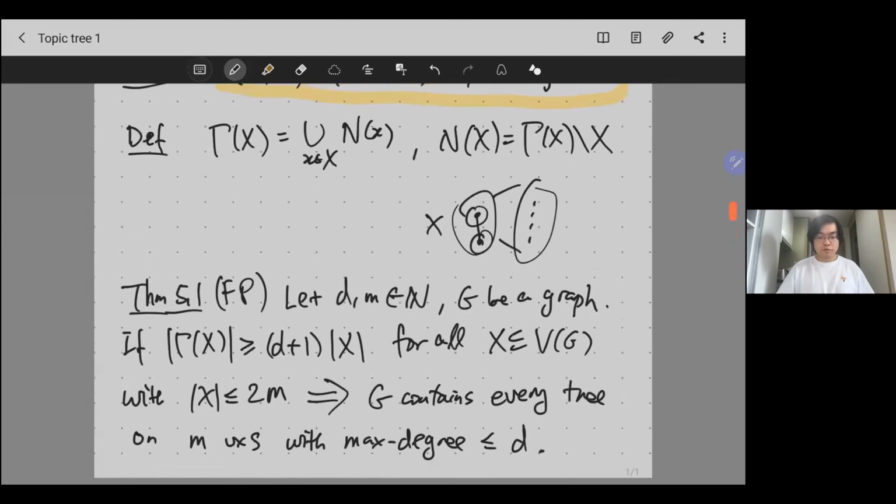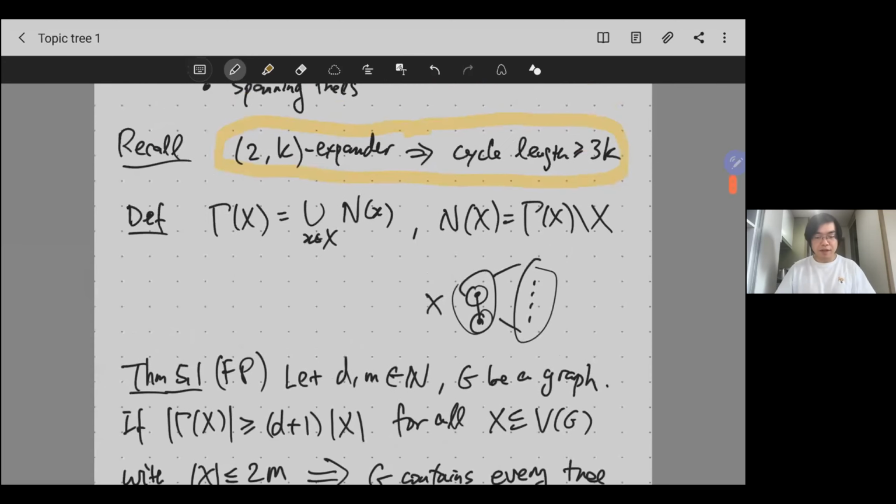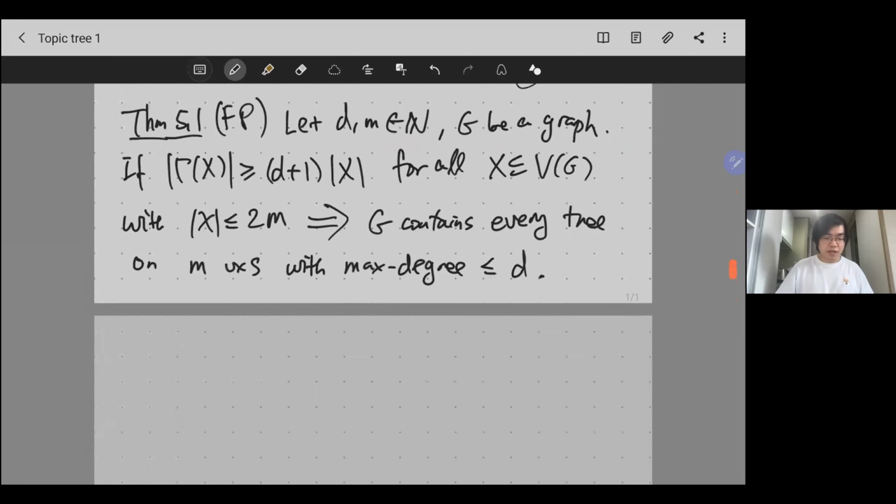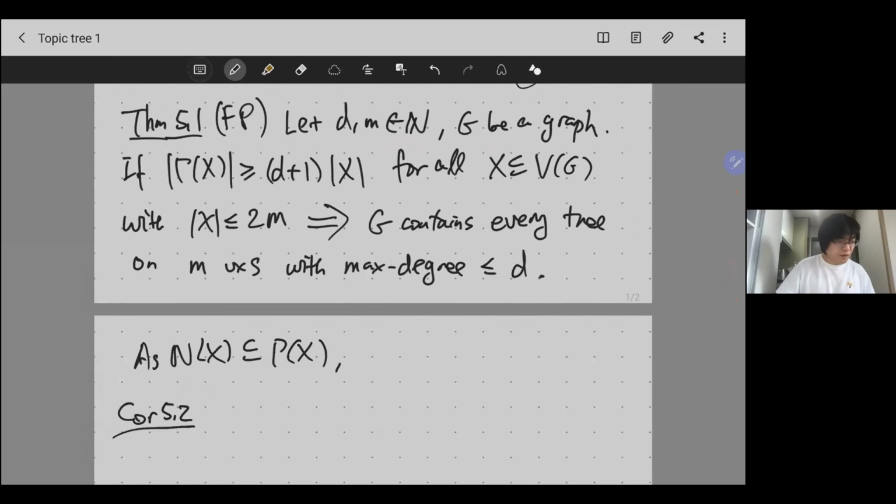Okay, so if we want to write it in terms of this expander notation up there, basically it looks more and more similar. In that notation, we can say that since the external neighborhood is a subset of the neighborhood, right? Then we can rephrase what's up here as 5.2: if we have a (d+1, 2m)-expander, right?